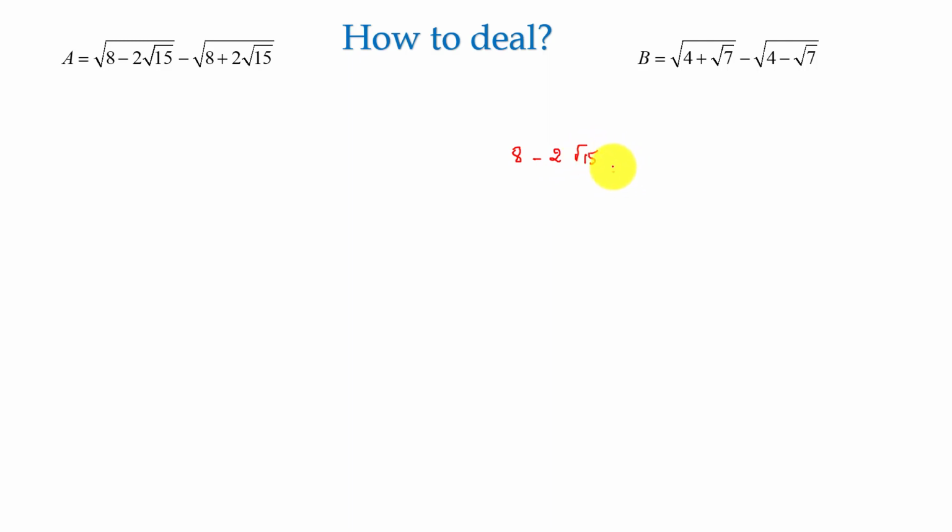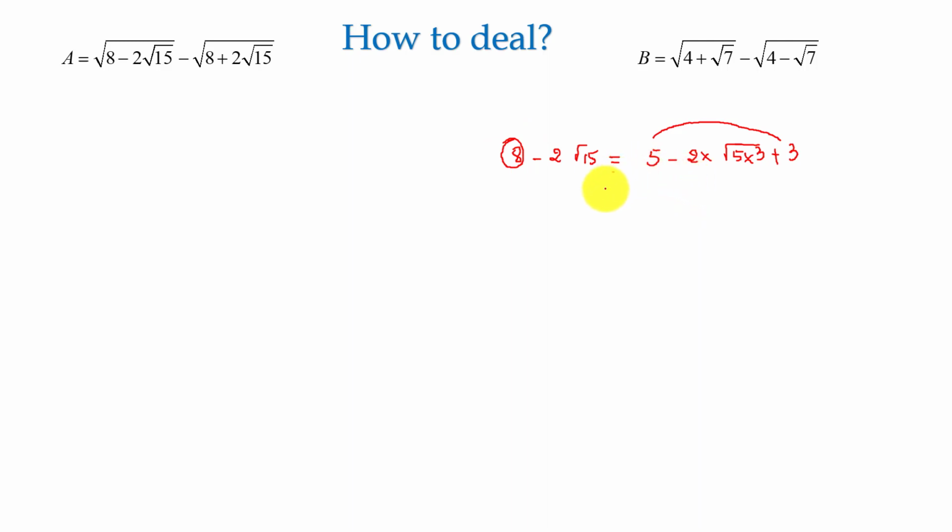I can write it as 5 minus 2 multiplied by square root 5 multiplied by square root 3, plus 3. You see this 5 plus 3 is equal to 8.